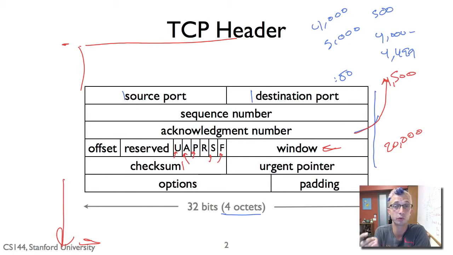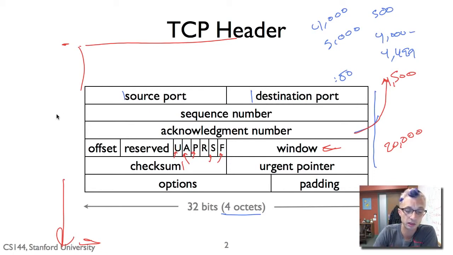You're telling the endpoint, I would like to synchronize you to this sequence number, which represents my first byte of data. The other side can then respond and say, all right, I'm going to acknowledge that sequence number and send you one of mine. In this case, both those fields are valid. You can then respond and say, okay, I'm going to acknowledge your sequence number. Now we've synchronized. We both know when the bytes start.